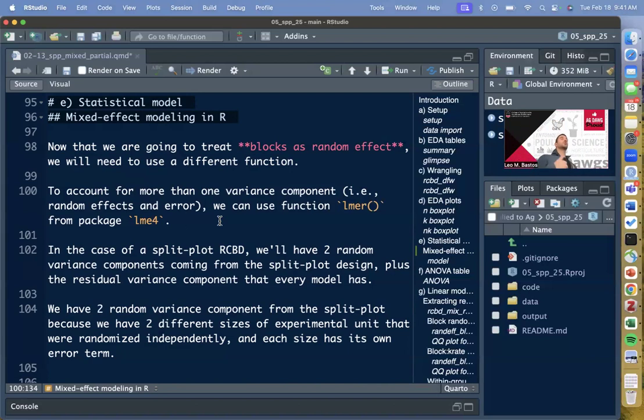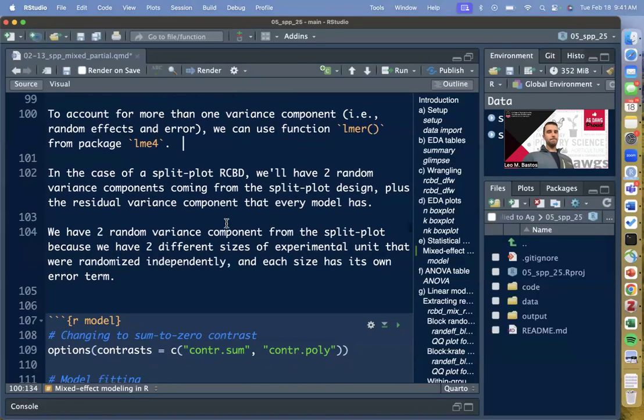So today, because we're running a mixed effect model, we're going to be using function lmer. And here, in the case of the split plot in a randomized complete block design, we're going to have two random variance components. One is associated with the whole plot error, and the other with the split plot error. So we have two levels of error going on here.